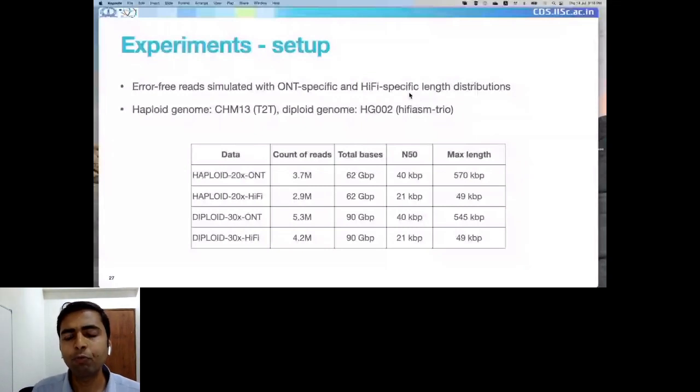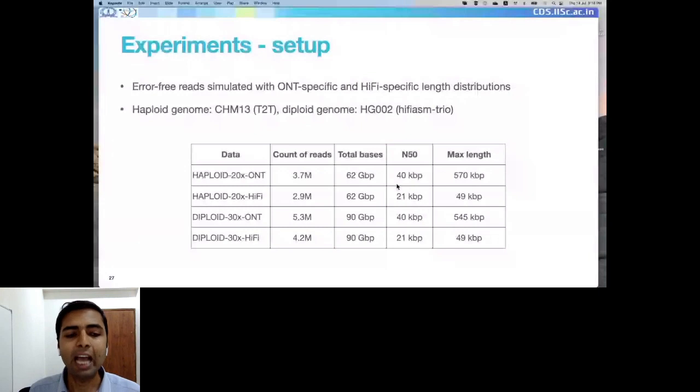And for the diploid genome, we took the HG002 diploid assembly from the hifiasm method. The haploid genome is sampled with 20x coverage. The Nanopore N50 is 40,000 base pairs. For HiFi, the N50 is close to 20,000 base pairs.